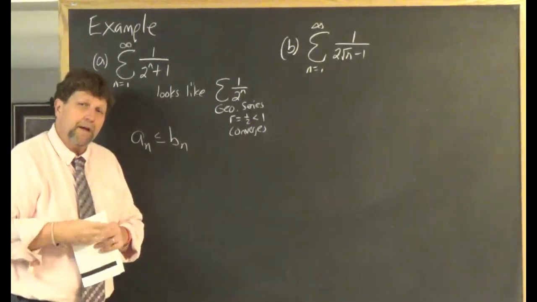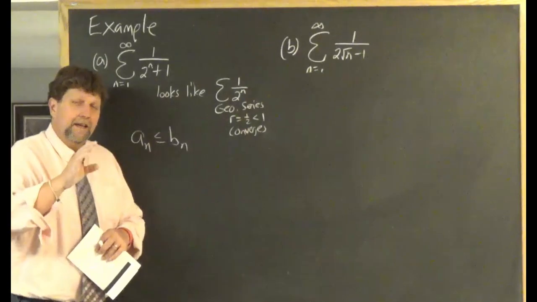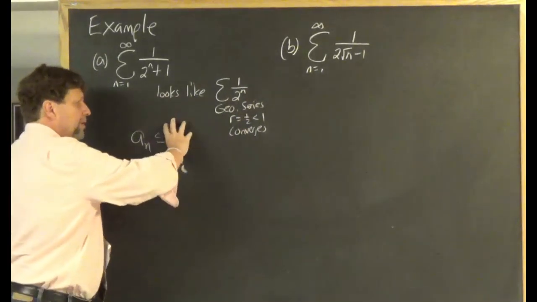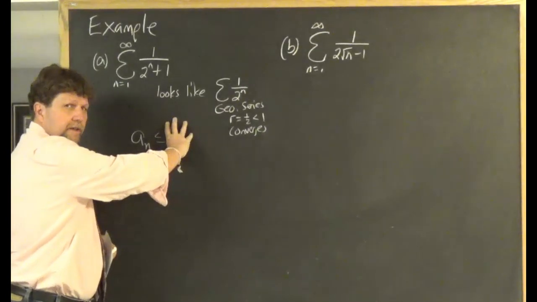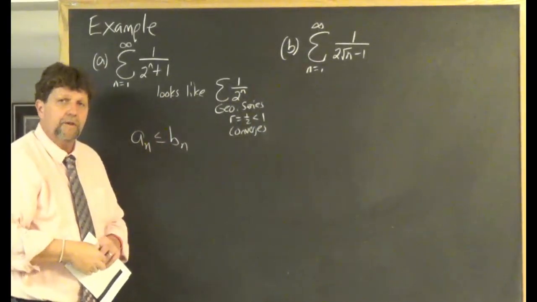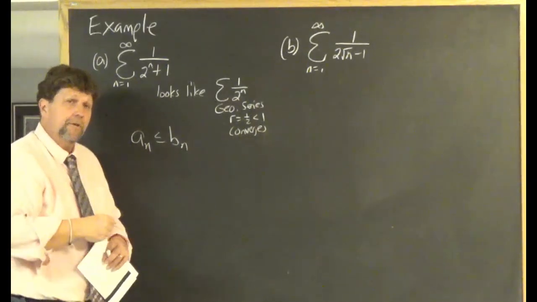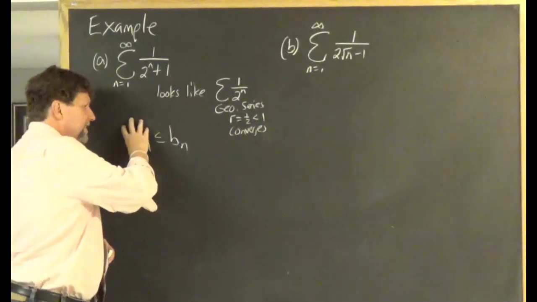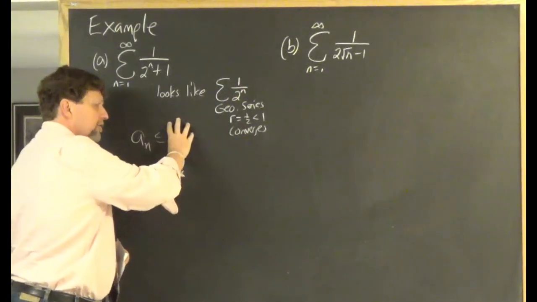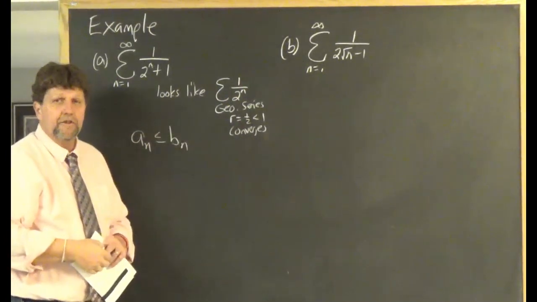Now remember what the direct comparison test says. It only tells you two things. Thing one, if you know this series converges, then you know something that is smaller must also converge. The second thing it tells you, if you know this diverges, then you know something that is larger than that must also diverge.